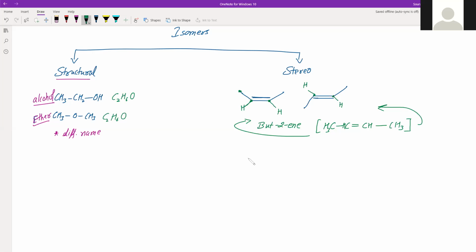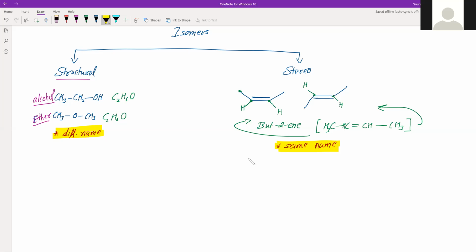So their structure is the same and molecular formula is the same, and the thing which we have seen earlier doesn't hold true here. Here I'll have the same name. The IUPAC name of both the compounds will be the same. Actually, they are not two different compounds; they are the same compound. Now, but their structure is different. Why? Because it is a double bond.